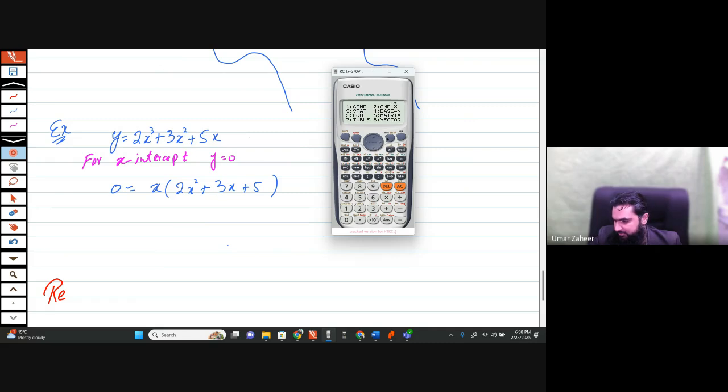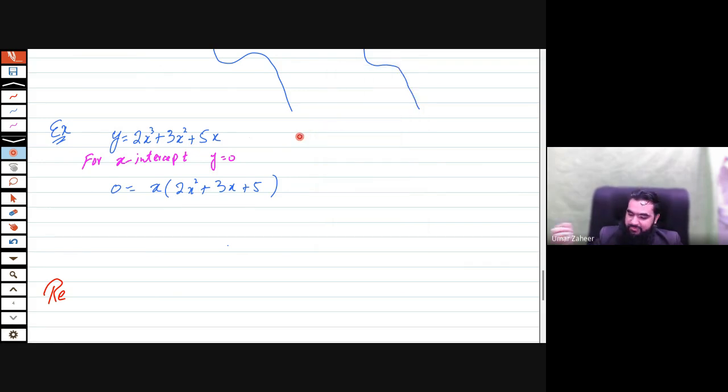I'm just using a calculator, okay? You know how to solve it. Oh, we have to take a complex equation. We need to change the values. Let's see how to make it 1.